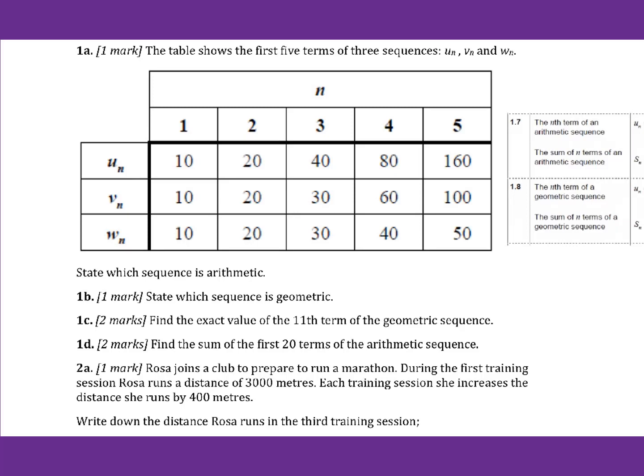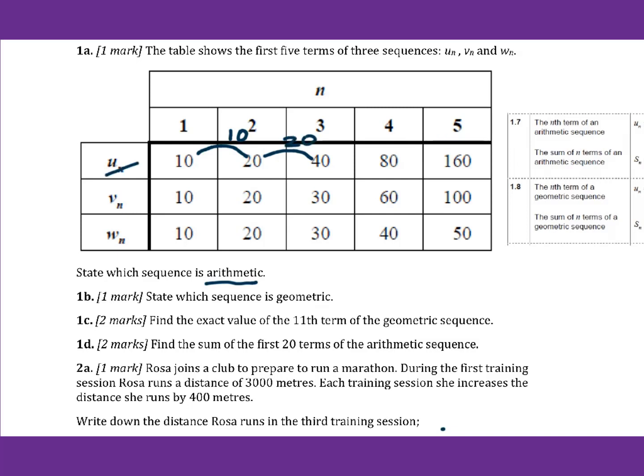Let's go to 1a. The table shows the first 5 terms of 3 sequences, u sub n, v sub n, and w sub n. State which sequence is an arithmetic sequence. If the term minus the previous term equals a constant number, that will be an arithmetic sequence. Therefore, I will do the subtraction. Here's 10, and this will be 20.